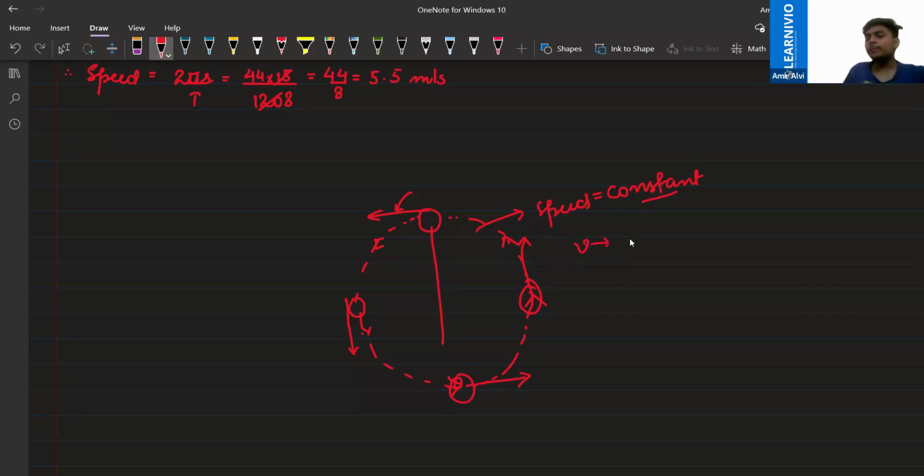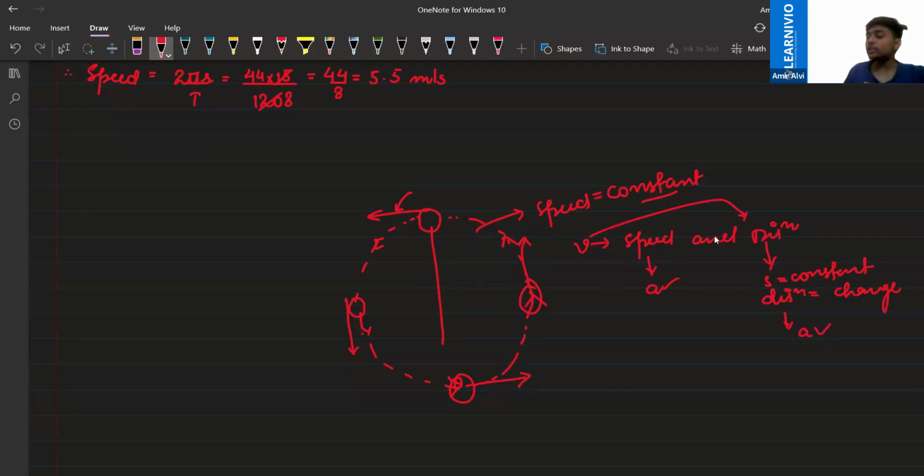Okay, Harshita. So our velocity depends on two things: speed and direction, isn't it, Harshita? Yes, sir. If your speed changes, acceleration will be there. And if your speed remains constant but direction is changing, then acceleration would be there, because velocity depends on two things, Harshita.